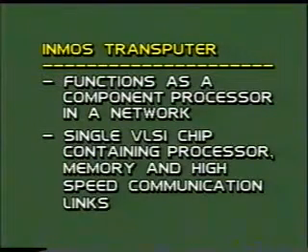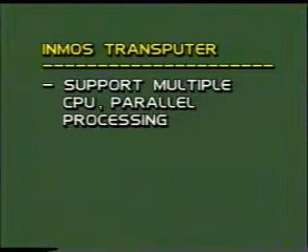A typical member of the transputer product family is a single VLSI chip containing processor, memory, and high-speed communication links which provide point-to-point connection between transputers. Transputers have been designed specifically to support multiple CPU fine-grained parallel processing.